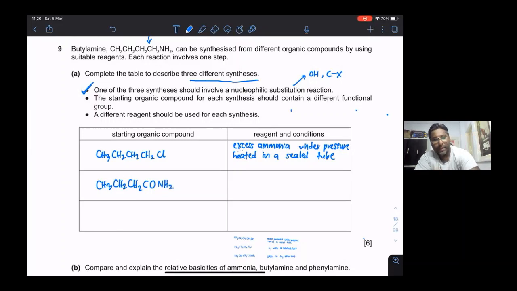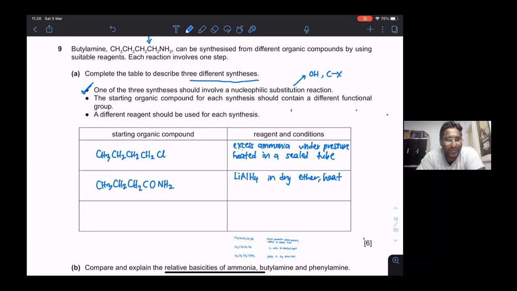So this one is amide. This amide, you need to use the reducing agent. The reducing agent is LiAlH4 in dry ether, and then I think you need to heat. So LiAlH4 in dry ether, then you heat, and you are going to get the amine.